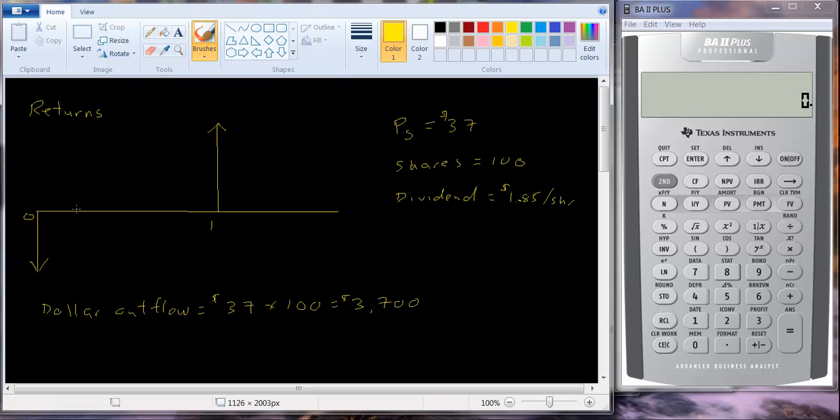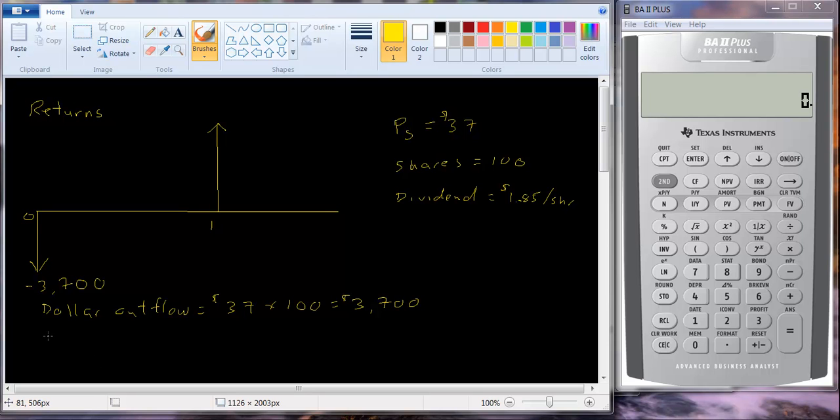So using this time cash flow diagram we've used in the past, let's put in minus $3,700 as our cash outflow. Now, let's also consider the case where you're getting a dividend 1 year from now.